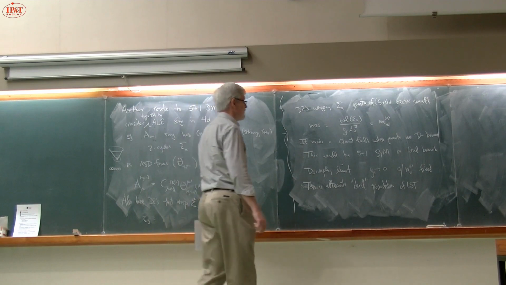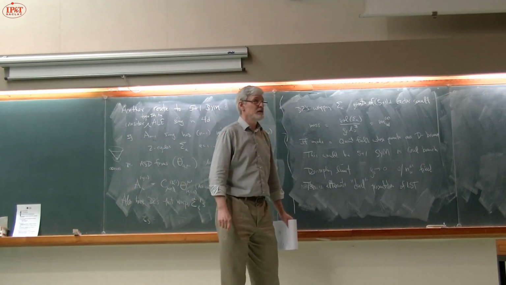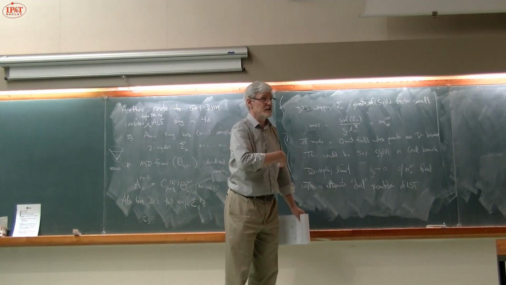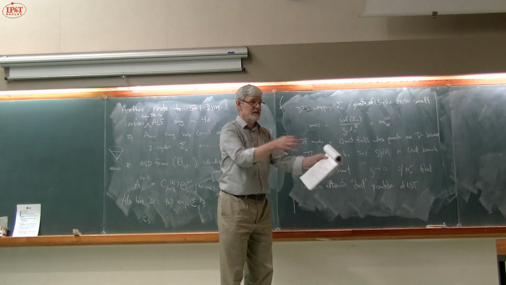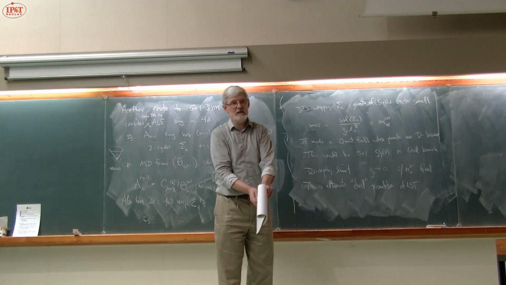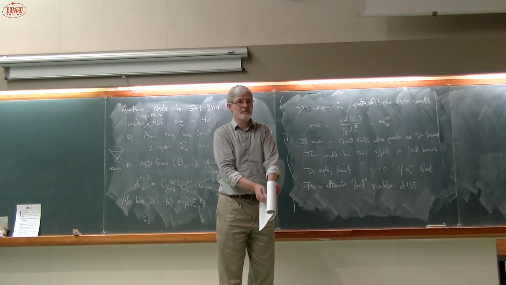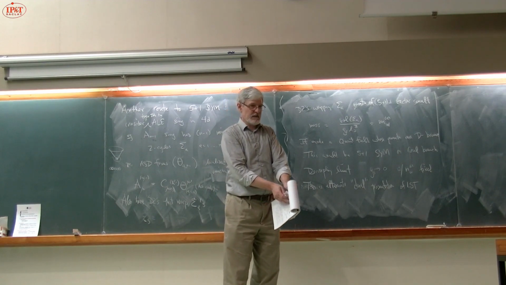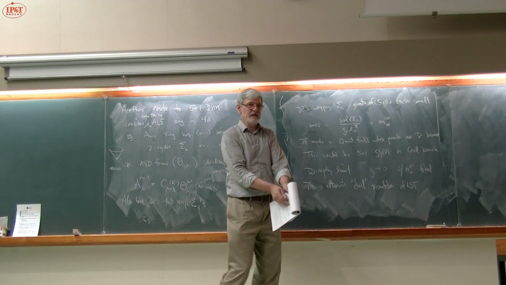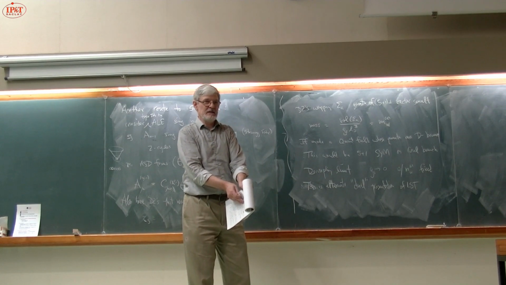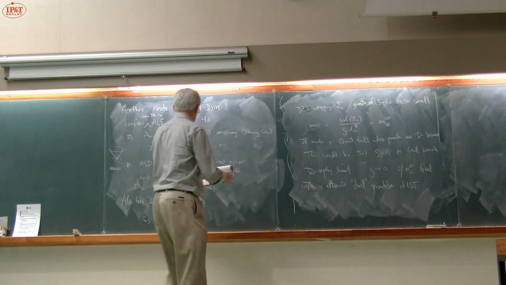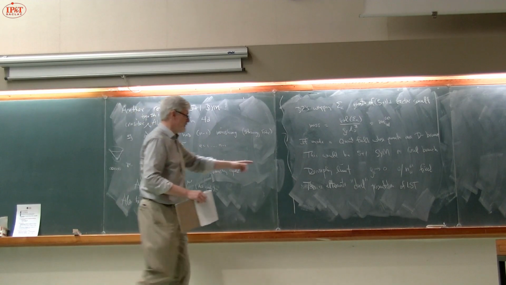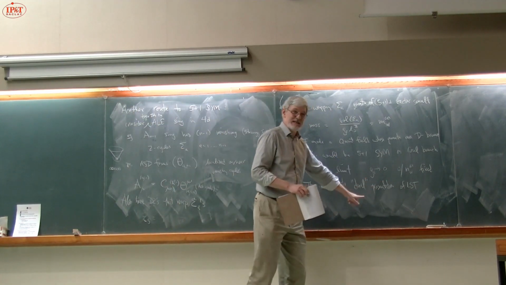I had an NS5 brane, but in NS5 brane, when I take the decoupling limit, the low energy dynamics on a stack of NS5 branes in type 2B is 5+1 super Yang-Mills. Right, so which leads you to say, what is the duality that relates these?